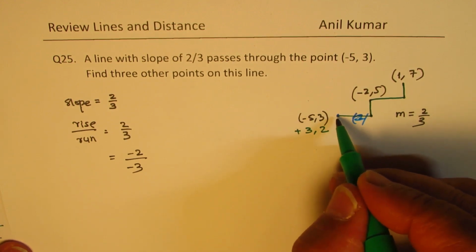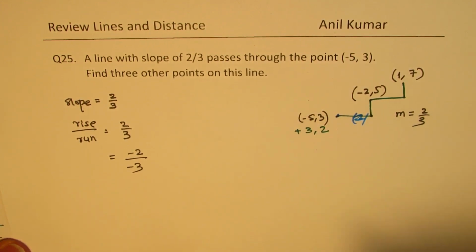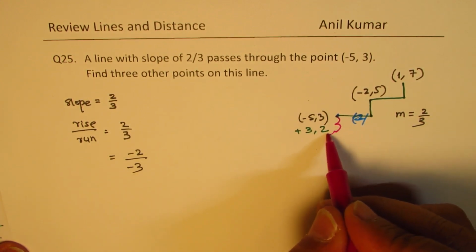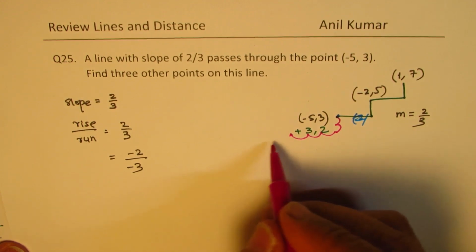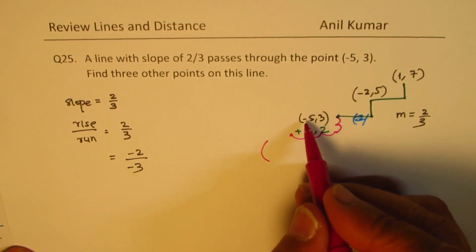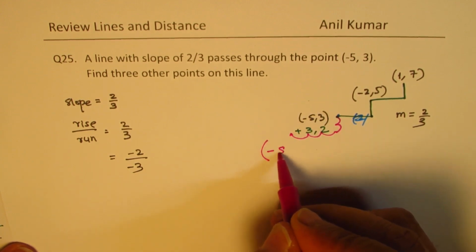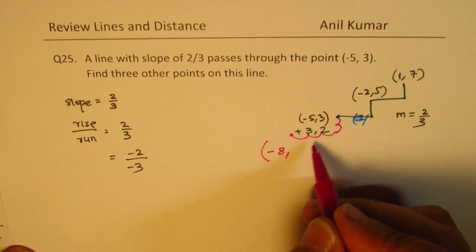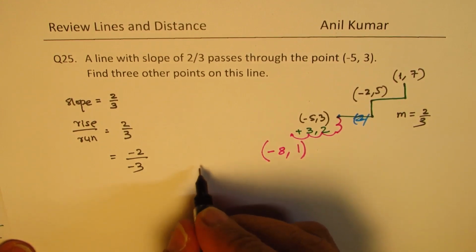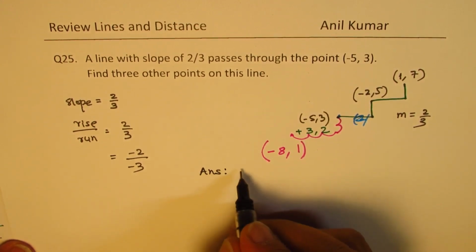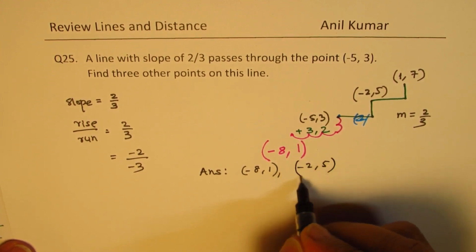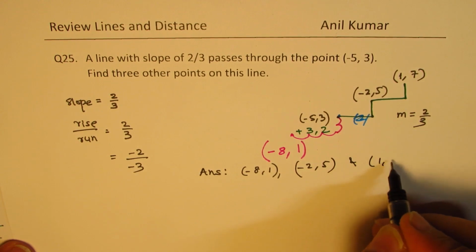The y value changes by 2, so come down by 2, 1, 2, and then go left by 3, 1, 2, 3. So we get another point here. So this time we take away: minus 5 minus 3 will be minus 8, and 3 minus 2 will be 1. So minus 8, 1 could be the next point. So we have our answer here. The points could be minus 8, 1, minus 2, 5, and 1, 7.